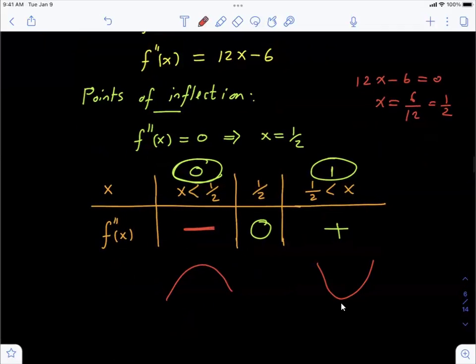It could be a part of it. It could be like this, it could be like that. Any part is possible. And then in between, can you see at this point, when you pass through this point, it changes from concave down to concave up.